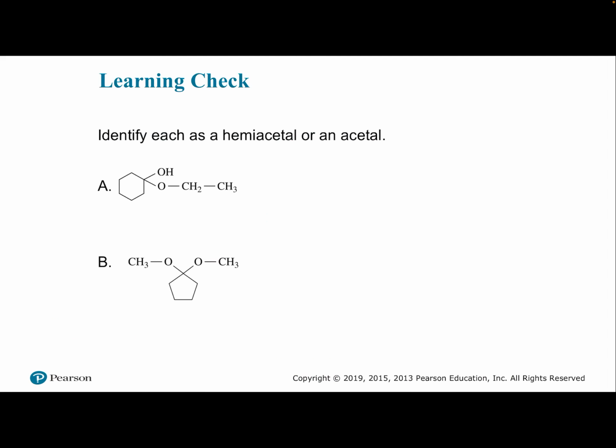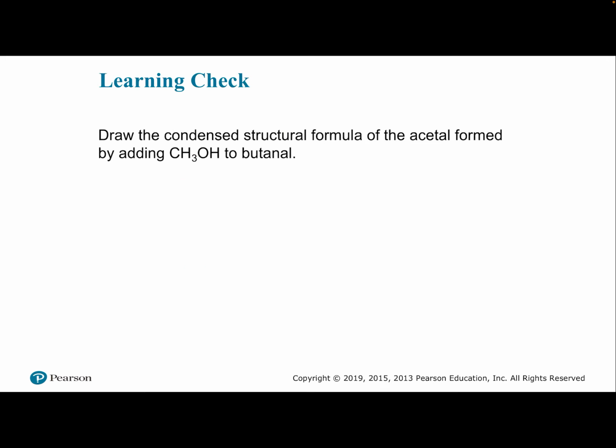So go ahead and try to identify these as acetal or hemi. Shouldn't be too hard. If there's an OH on it, then it's a hemi. If it's ORs, then it's an acetal. See if you can do this.